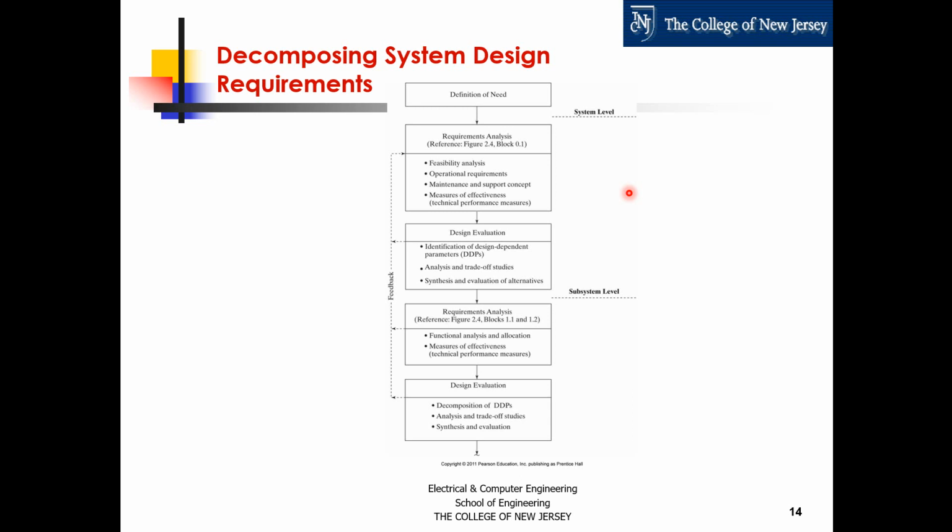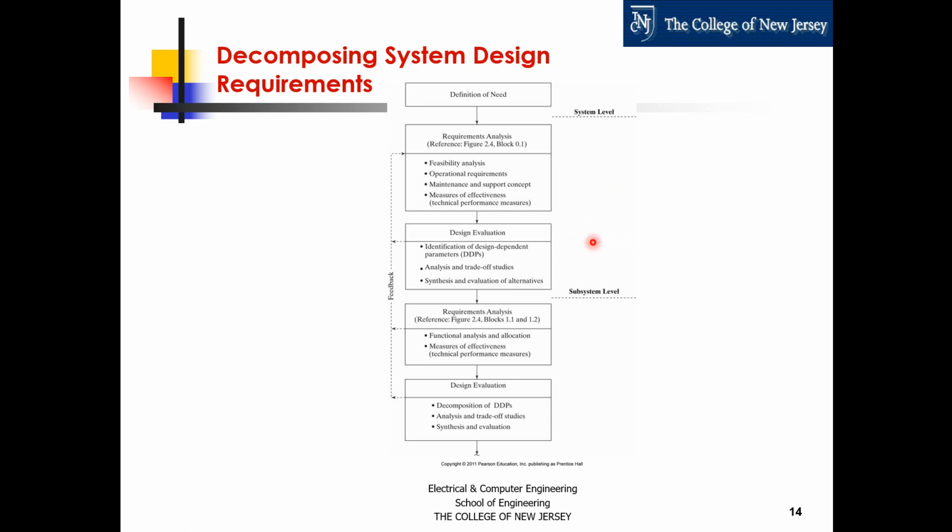And then define the technical performance measures, which is, again, how well the system performs its mission. Then we're going to start doing the design evaluation and identify what is called design-dependent parameters.